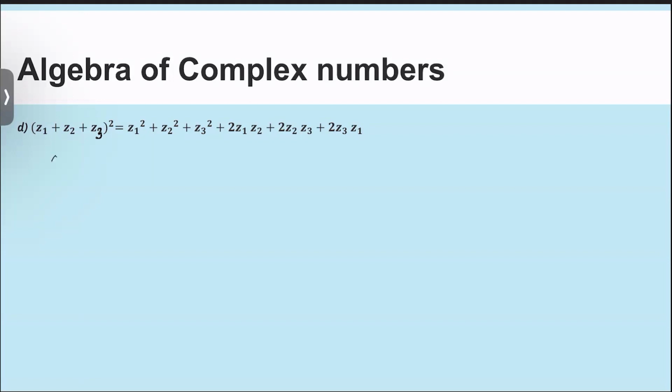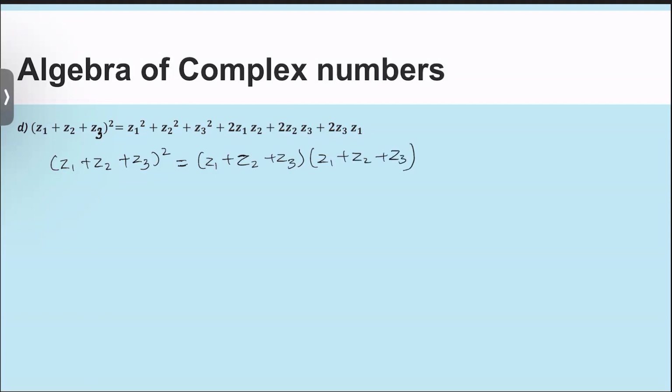So if you have (Z1 plus Z2 plus Z3) squared, you write the individual terms in the form of products between the bracketed terms. Okay, so Z1 plus Z2 plus Z3 multiplied by Z1 plus Z2 plus Z3.